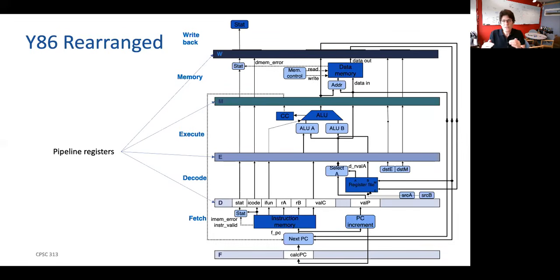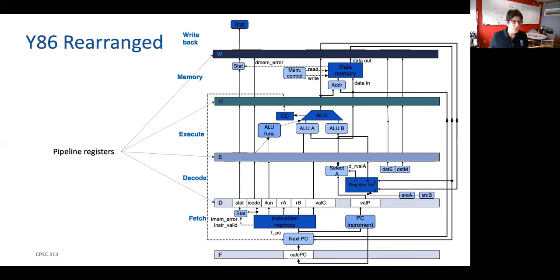Everything in the fetch stage is based on the values in the fetch register. Everything in the decode stage is based on exactly what's in the decode register. Similarly with execute. Now you'll notice I don't have anything filled into the execute register, because our job is to figure out what goes in the execute register.